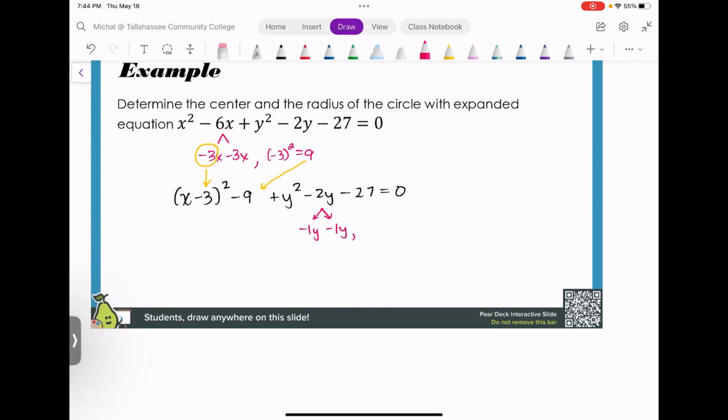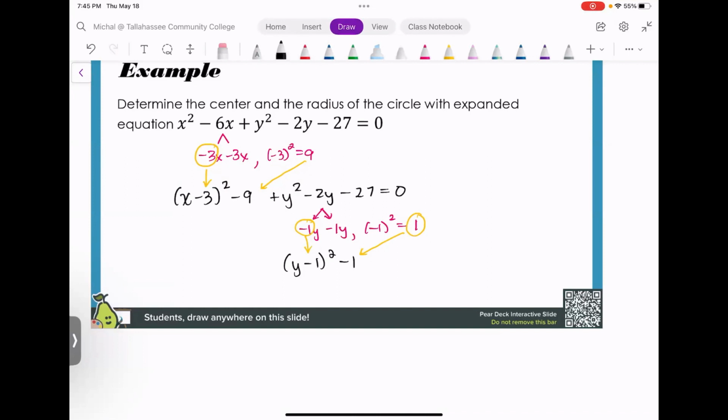I'm also going to note that negative 1 squared equals positive 1, and that's what I'm going to subtract off from my group. So I'm going to get (y minus 1) squared minus 1. This negative 1 is what goes inside the parentheses. This positive 1 is what gets subtracted on the outside.